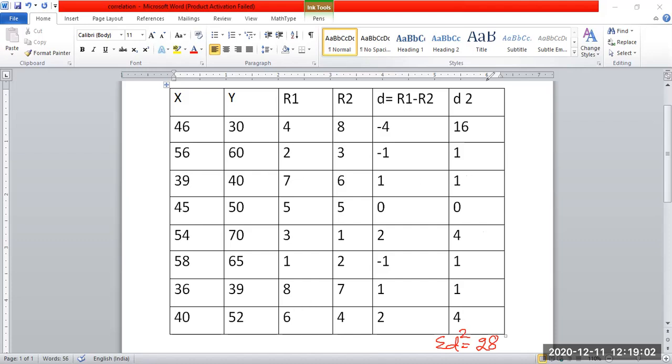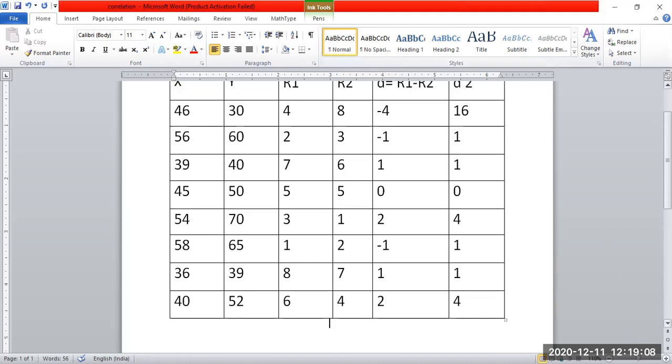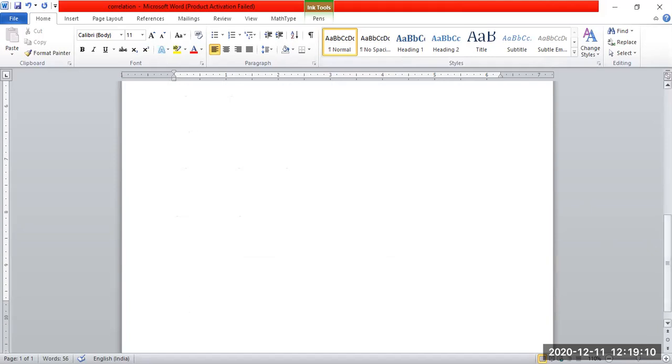Yes, now we are going to substitute summation d square in the formula. Rho is equal to 1 minus 6 summation d square is 28 divided by 8 cube minus 8.